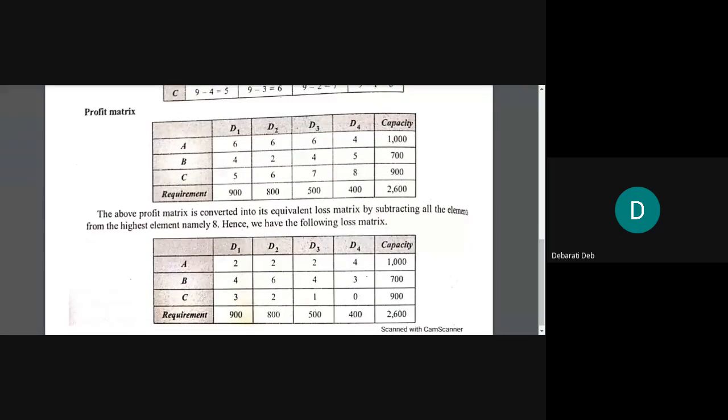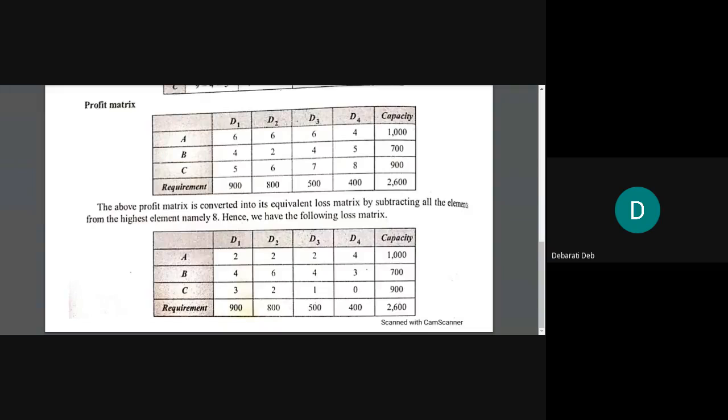Now the above is becoming a profit matrix, right? And now we will again convert it into its equivalent loss matrix by subtracting all the elements from the highest element.